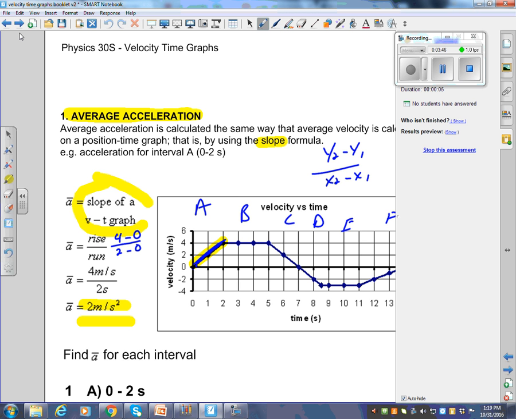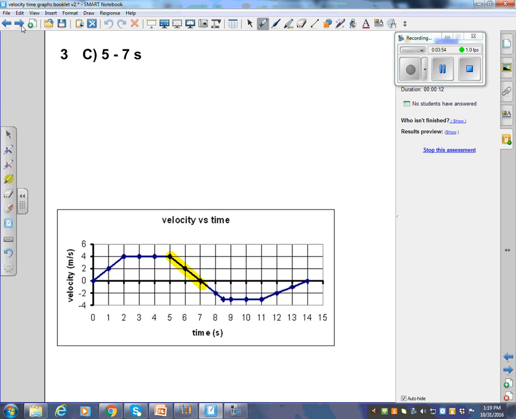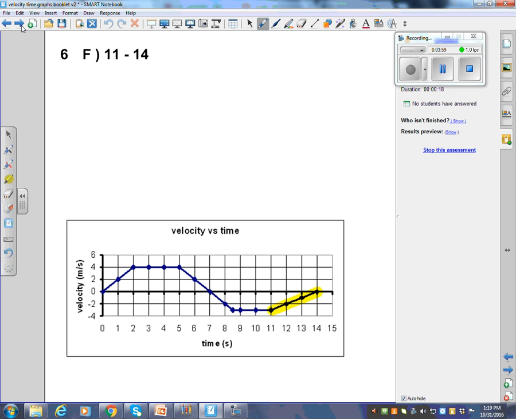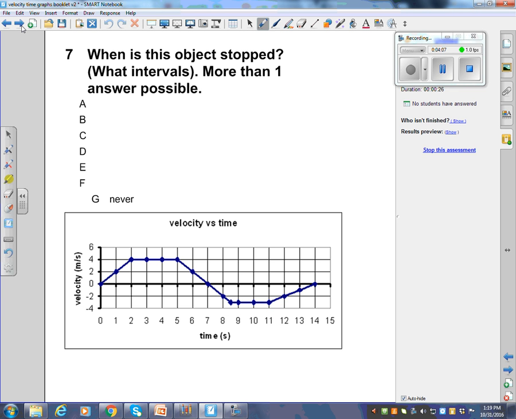Okay, now please note, listen carefully because we had several people this morning that didn't understand. For questions 1, 2, 3, 4, 5, and 6, you have to answer a number. Up to 6 are numbers. See it on the sheet? And then what does question 7 say on your sheet? Doesn't it say something like, when is this object stopped?